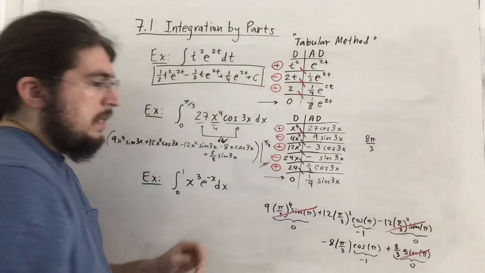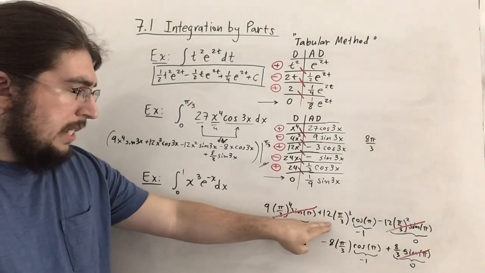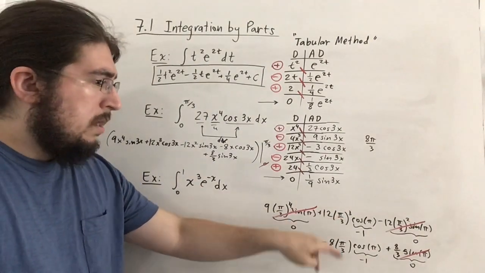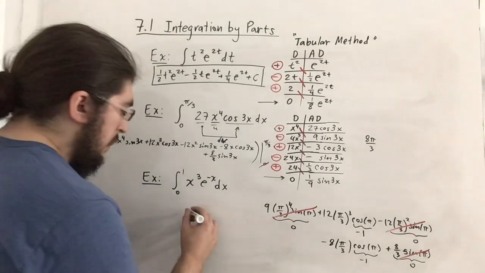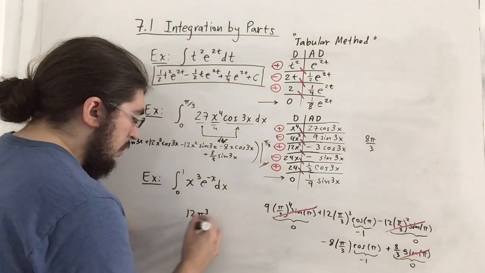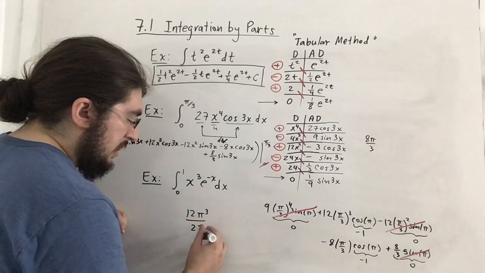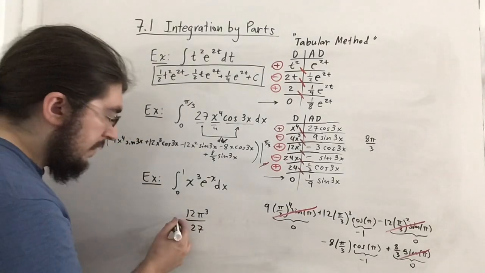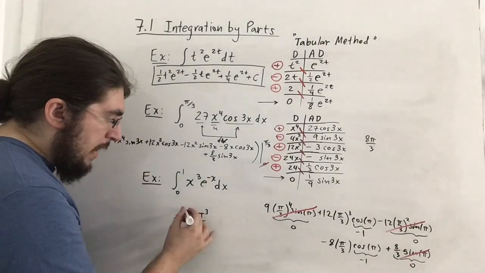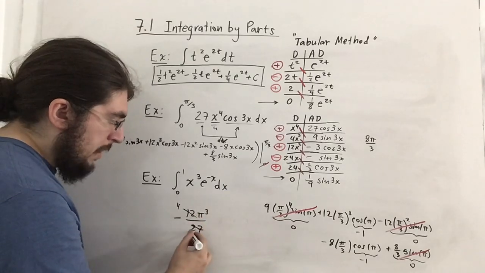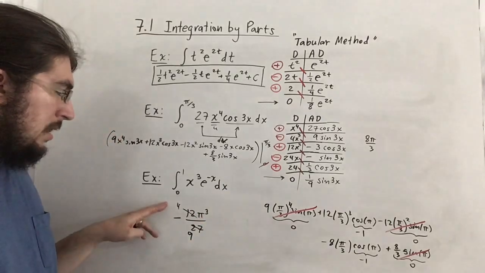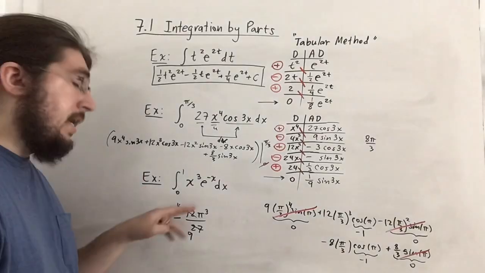This guy is going to be 12 times pi cubed over 3 cubed, which is 27, by the way, and it's negative. Now you can divide by 3 to get 4 on top and 9 at the bottom. So this is minus 4 pi cubed over 9.